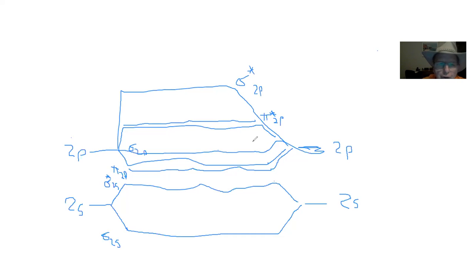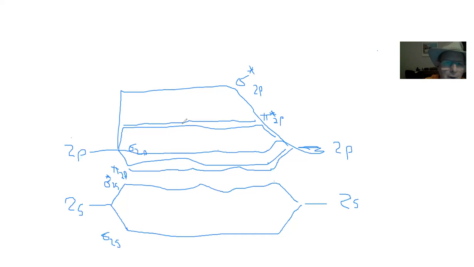So I started off, by the way, I've eliminated the 1s. We have to understand that the 1s is completely filled for me to start working with the 2s and the 2p. That has to be understood from the start. So I've already accounted for 4 electrons that are in the sigma 1s bonding and the sigma 1s anti-bonding.